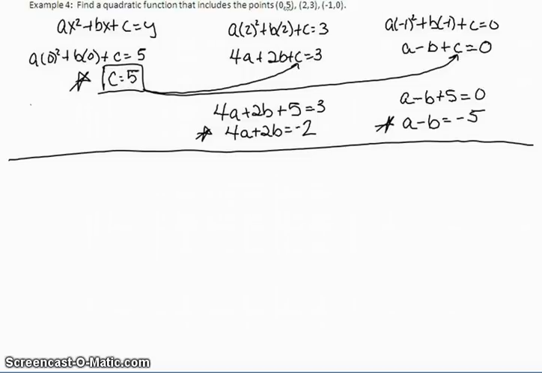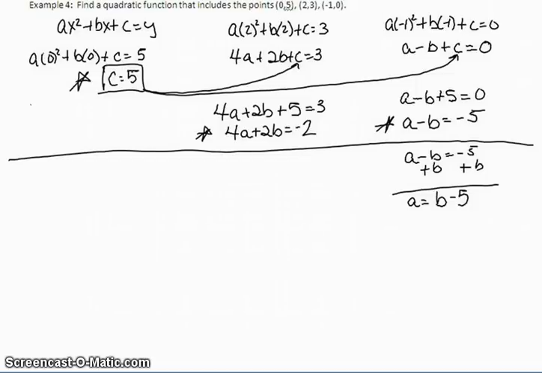It doesn't matter what you do. I tend to avoid fractions if I can. So I'm looking for a variable that has a coefficient of 1 that's going to be easy to solve for. If I use this equation, a minus b equals negative 5, and I add b to both sides, I'm left with a equals b minus 5.